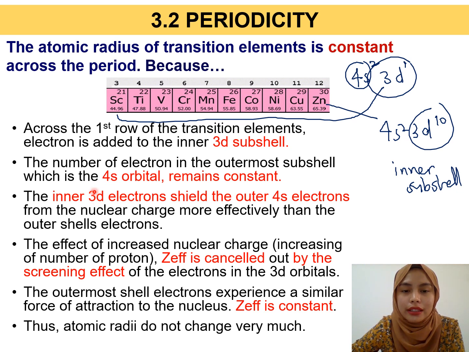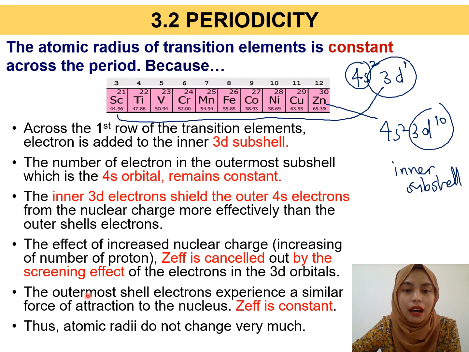Alright. And because the inner 3d electrons, they shield the outer 4s electrons from the nuclear charge more effectively than the outer shell electrons. Therefore, the effective nuclear charge will be cancelled out by the screening effect of the electrons in 3d orbitals. Okay, so kiranya ZEF will be cancelled out.